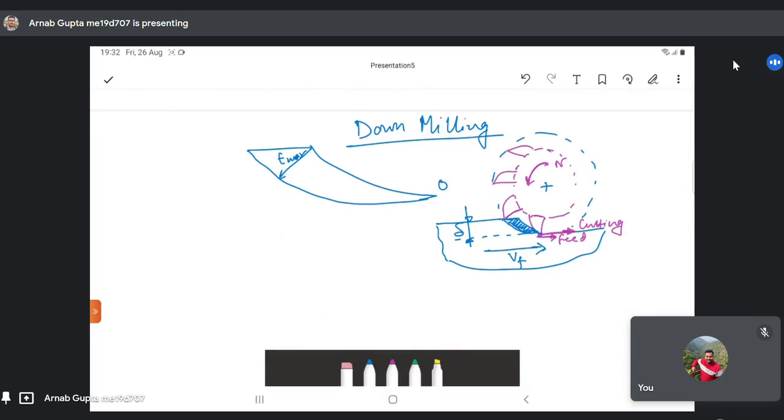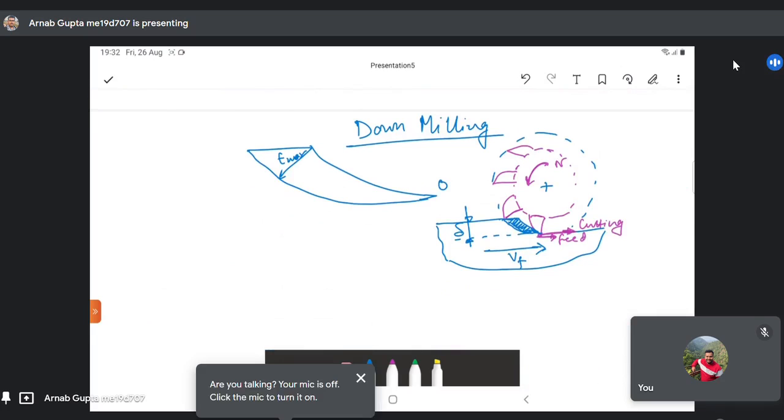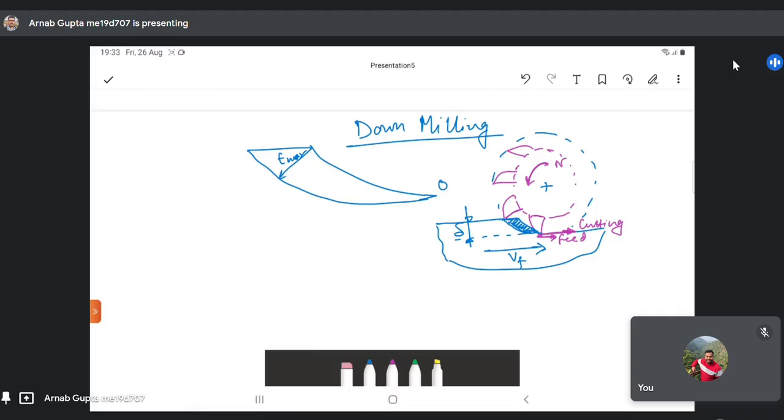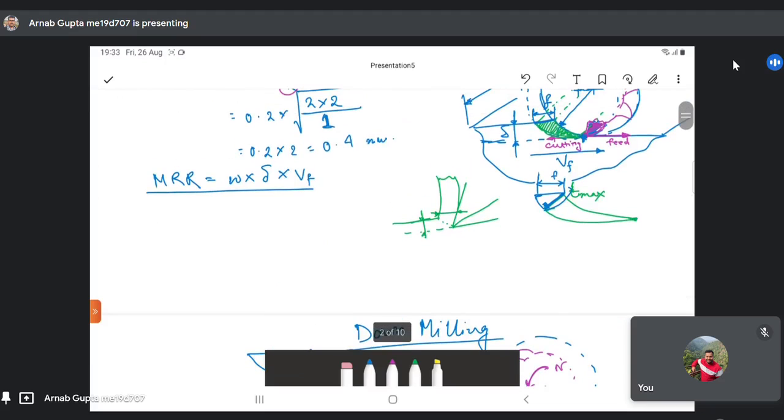However, if you go into the dynamics of the machining, then you can see that the forces, the thrust force and all, will be higher in this case, because as the tooth is engaging, it is engaging at a much higher chip thickness. So the forces will vary from a maximum value to a minimum value here, while in case of up milling, it will vary from a minimum value to a maximum value.